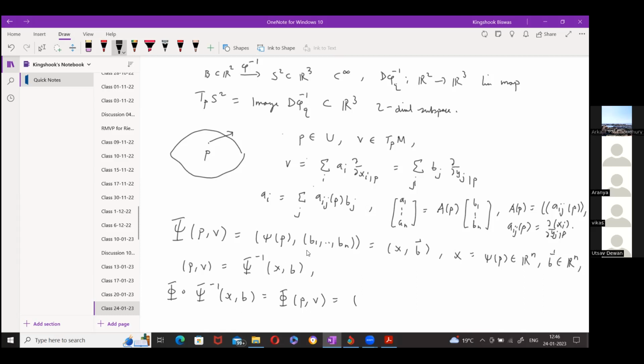By definition, this is little phi of p comma v written with respect to the basis ∂/∂x_i, which goes to a1 to an.